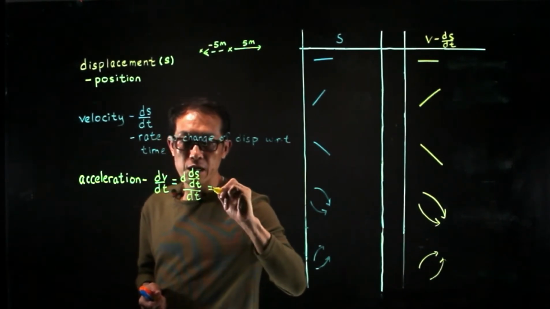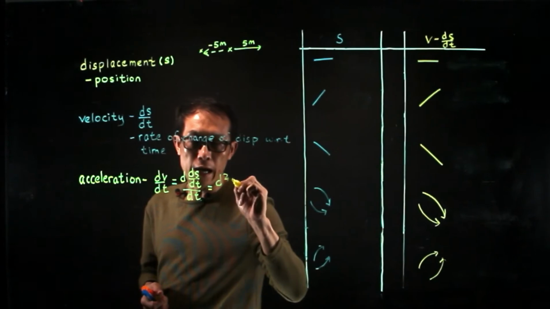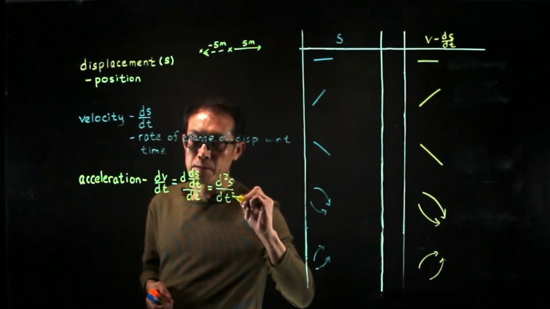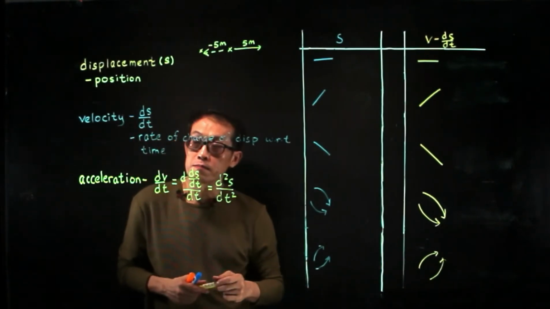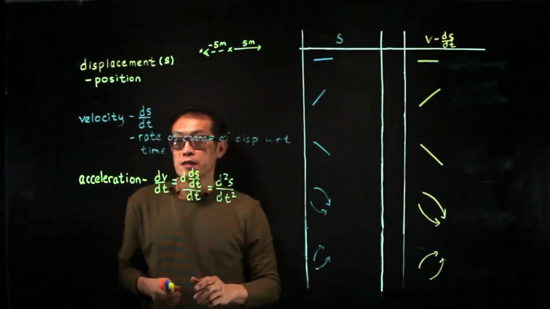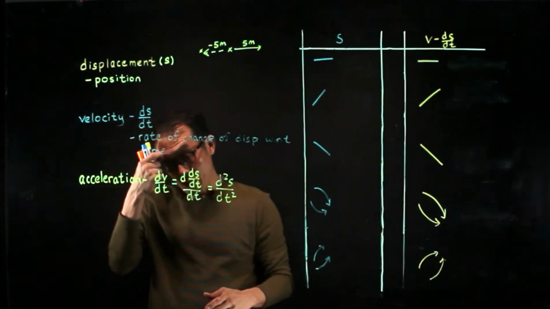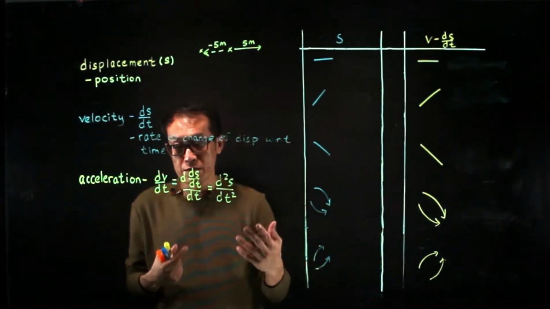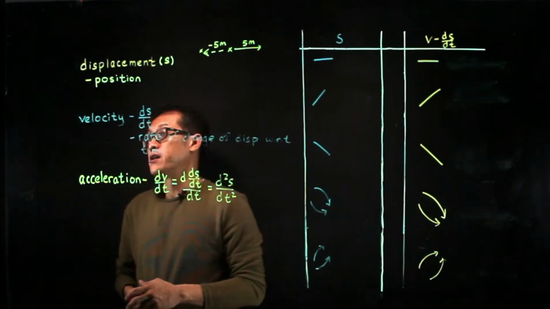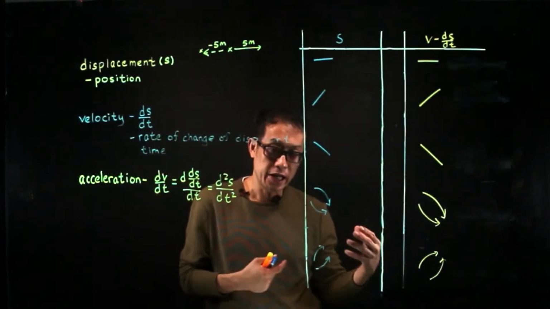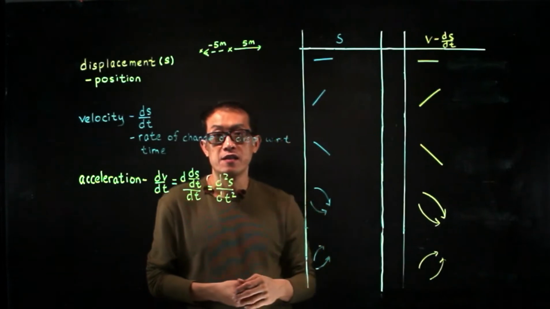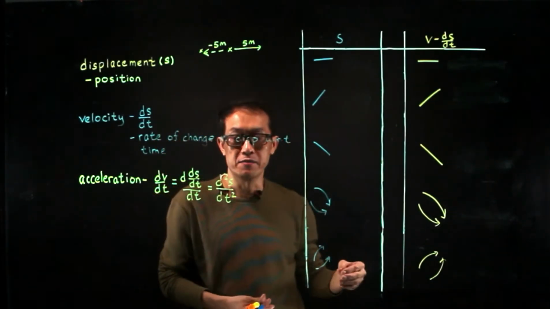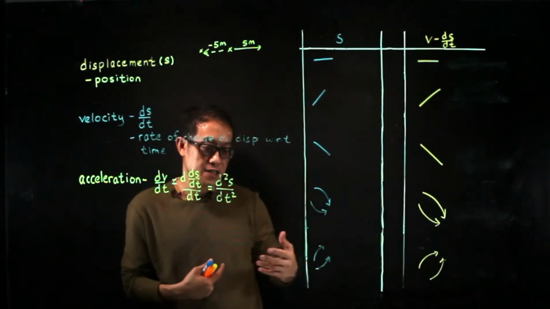So this is d2s by dt squared. Now acceleration measures how fast the velocity is changing with respect to time. If the object is moving faster in a positive direction, then we say that the object is accelerating.